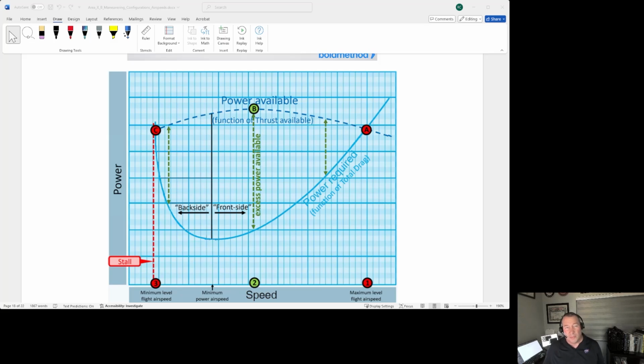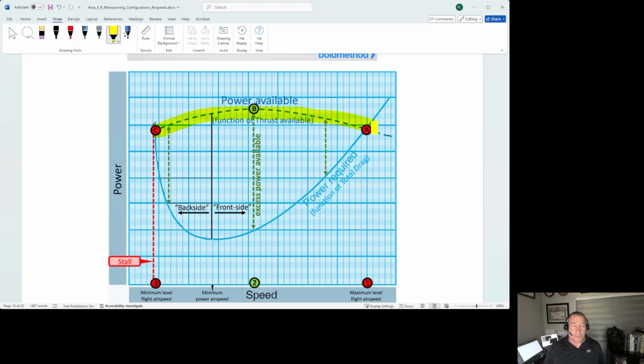The first one, we'll start at the top, is the power available line. That shows us the amount of power we have available at a given airspeed.